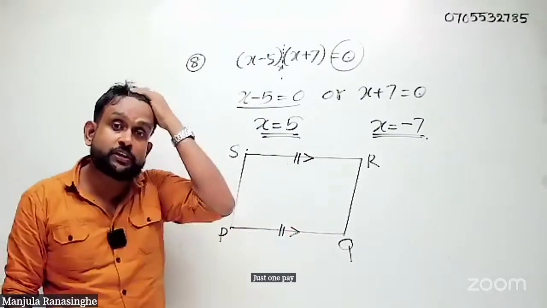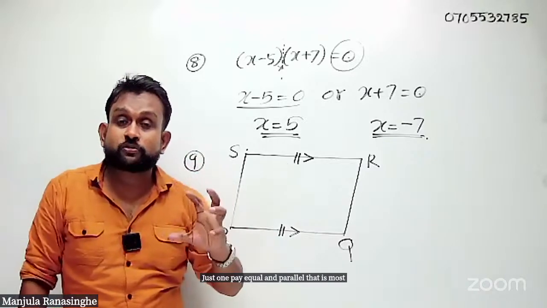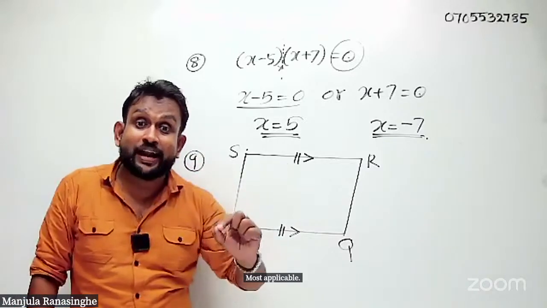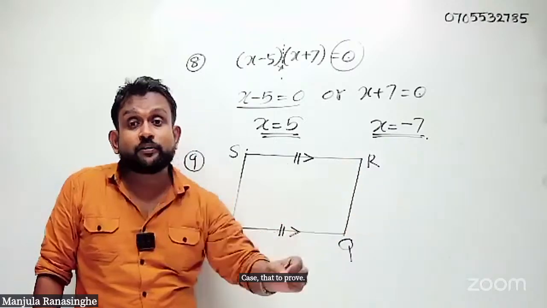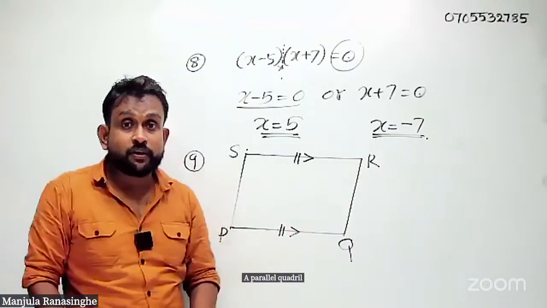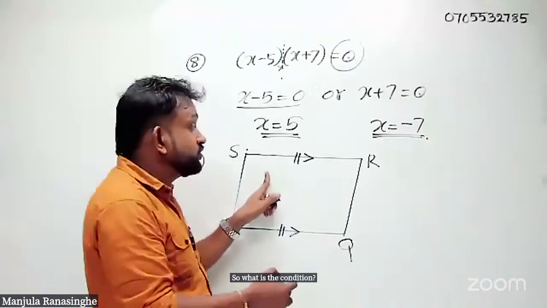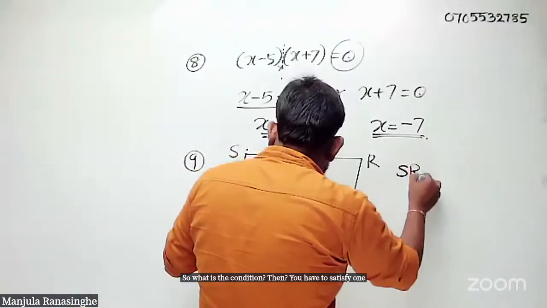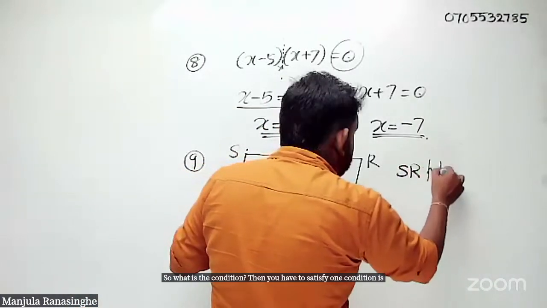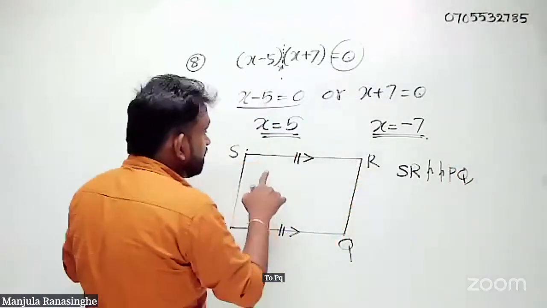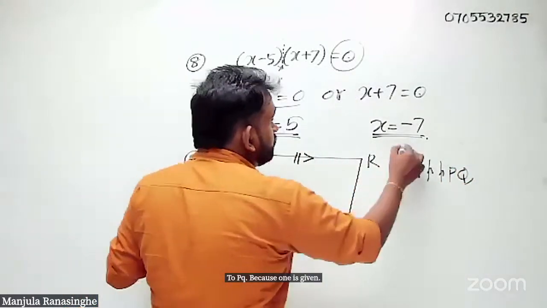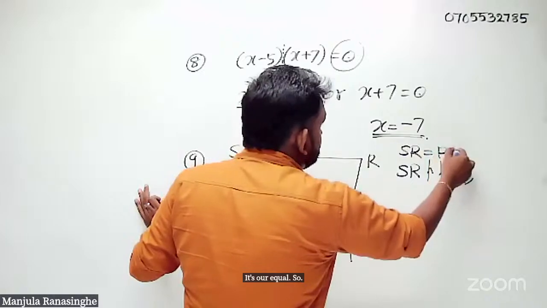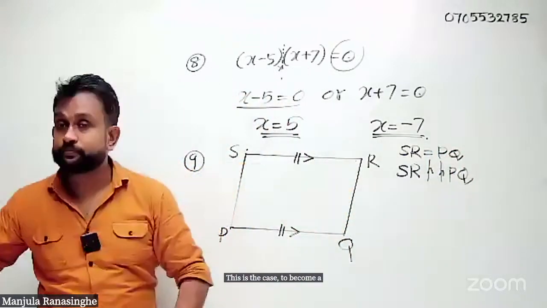That is the most applicable case to prove a quadrilateral is a parallelogram. So what is the condition? You have to satisfy one condition: SR parallel to PQ, because SR equal to PQ is given. So this is the case to become a parallelogram.